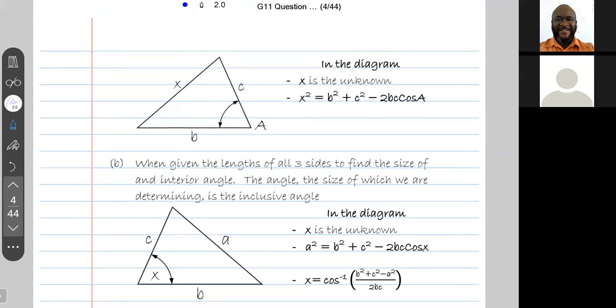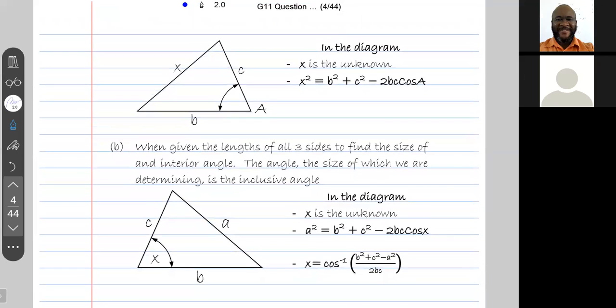So in the diagram below, x is the unknown. Using the cosine rule formula, a squared is equal to b squared plus c squared minus 2bc cosine A. That's the cosine rule formula. In this formula, a is the side opposite the inclusive angle.